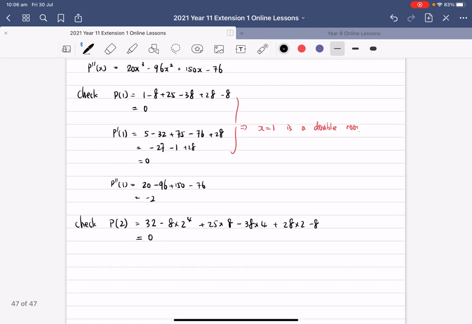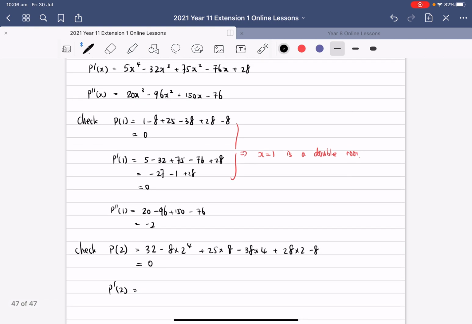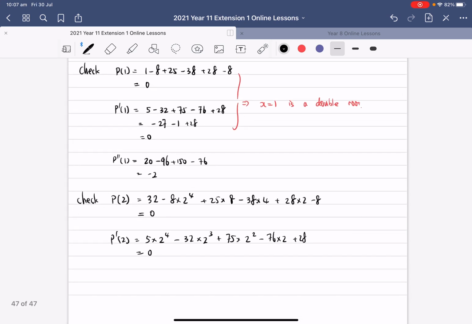Alright, so we know that is a root, okay? But we don't know if that's a double root or not. So to check if it's a double root, we substitute that into P'(x), okay? Alright, and then according to the answer, that is still equal to 0. Good. So we now know this is a double root.